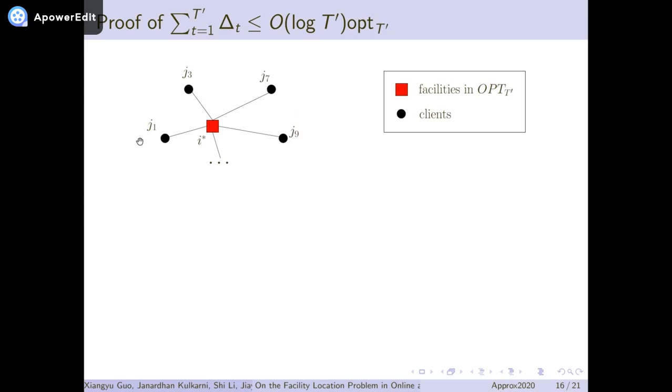In star I, J1 comes first at time step 1, J3 comes second at time step 3, J7 comes third at time step 7, and so on. Here we have delta 1 for J1, delta 3 for J3, delta 7 for J7, delta 9 for J9. For each delta t, we can prove an inequality.